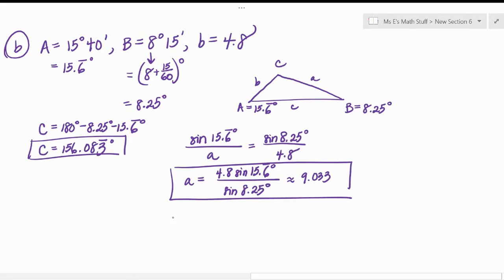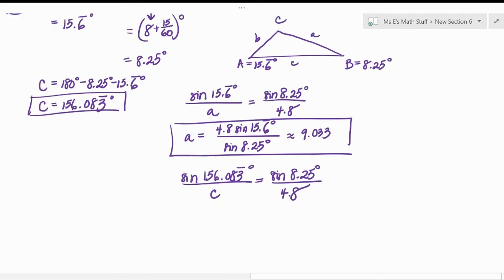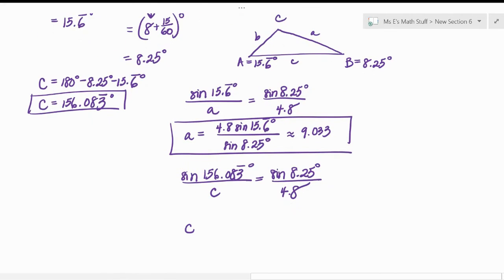Well, it looks like we'll end up needing to use law of sines again. So let's just do sine of angle C, which was 156.083 repeating degrees, over C. And then that would be exactly equal to the original complete ratio that we had, since there was no chance we could have screwed anything up.